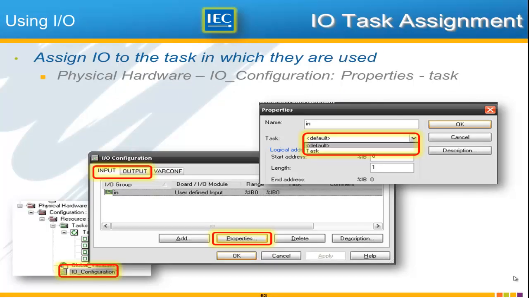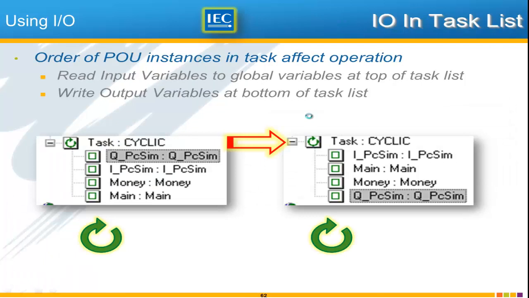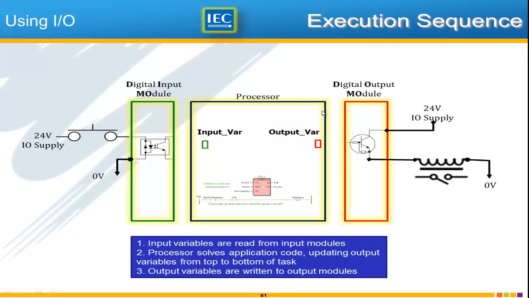And there's one more area we need to look at, which is to look a little deeper into the I/O configuration. It's called the I/O task assignment. I had said back a few slides ago that first input variables are read from the input modules, but that action is tied to a specific task. And right now you're only aware of one task, but in reality there can be many tasks happening in the controller.